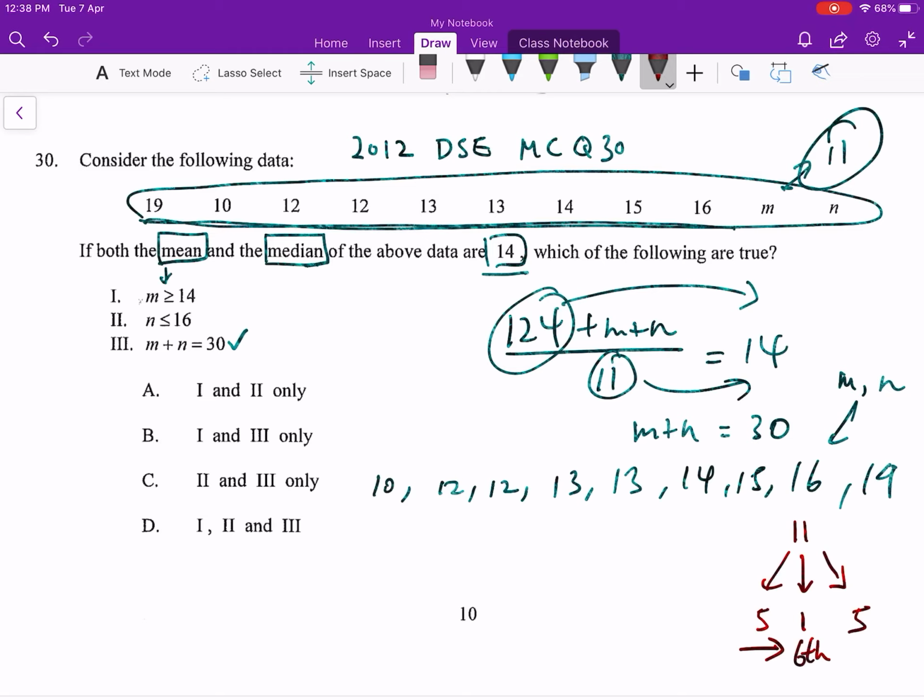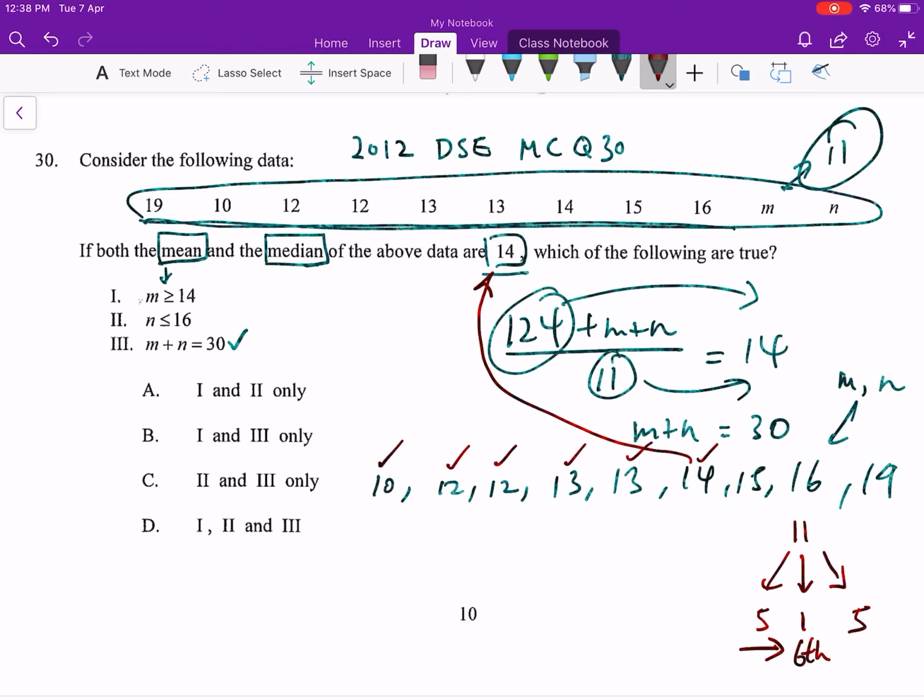So let's do it one time first: 1, 2, 3, 4, 5, 6. Now without m and n inside, we can count out that the median is exactly the value we want, which is 14. Which means that if we want to find the answer for m and n, we have some restriction for them.